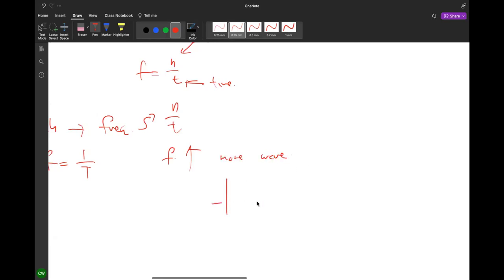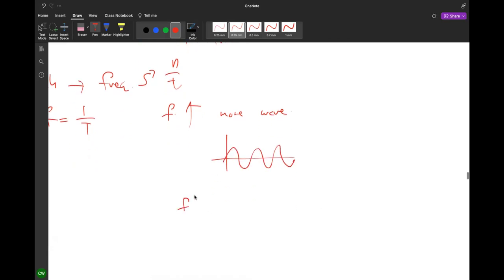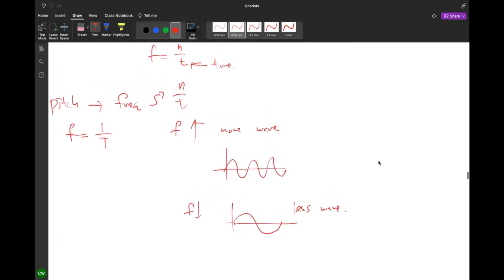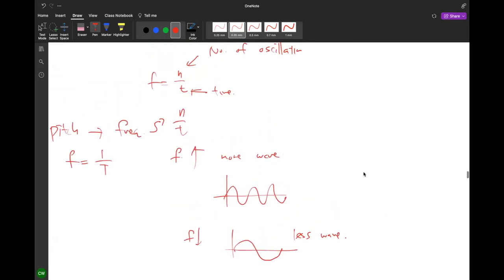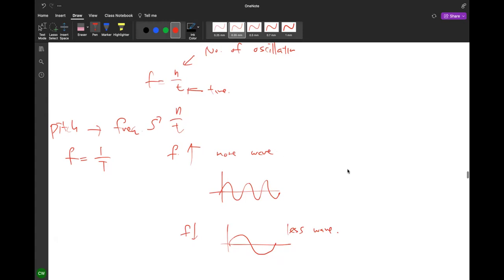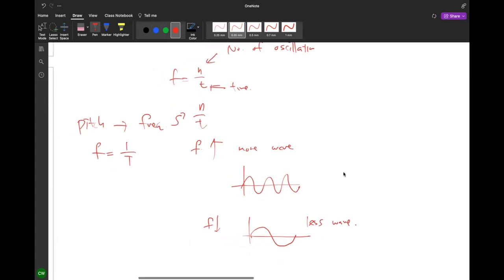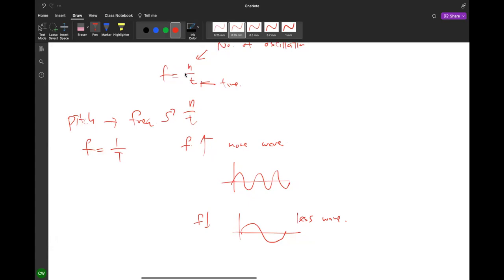It means there'll be many of this kind of thing. If the frequency decreases, you see fewer waves. Okay, so this is more waves at higher frequency.